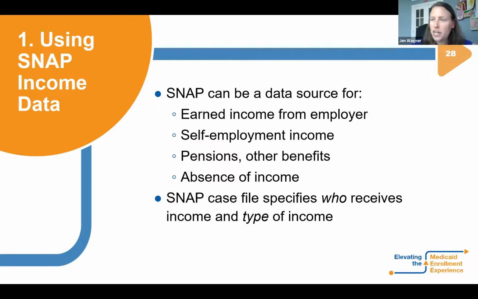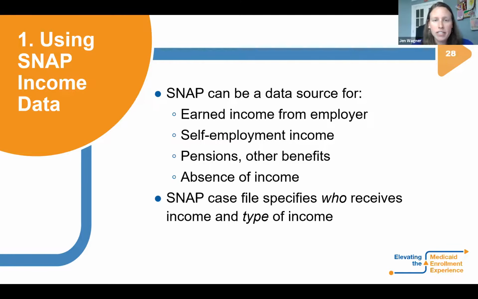And finally, there's a tricky issue at renewal, where CMS has said that you can't do an ex parte renewal when there's no hit in the data source, even if that just means that a client has no income, as many of our clients do. But you can look to SNAP, and the fact that there's zero income on the SNAP case is actually a hit, actually verification that the person has no income. They recently signed and submitted a form saying that they have no income, and that was verified. And so that can be leveraged for that population at renewal.